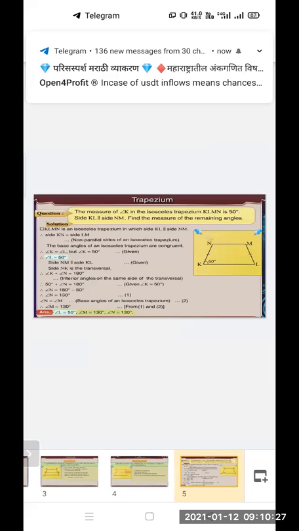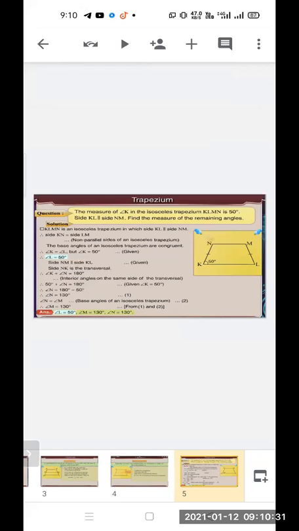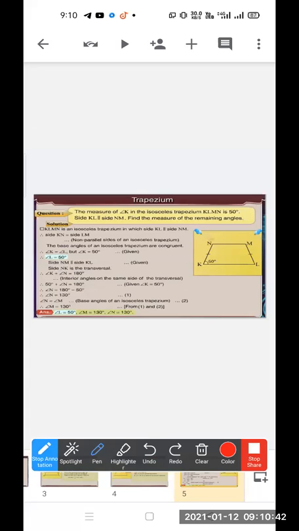Therefore side KN is equal to side LM, because in an isosceles trapezium the non-parallel sides are congruent. Since it is given an isosceles trapezium, therefore the non-parallel sides are congruent, so KN is equal to ML.